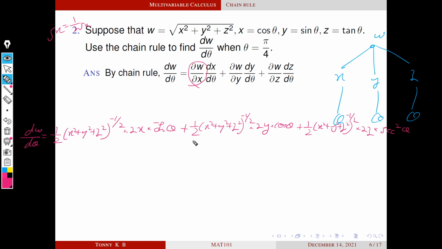Similarly, this term is dou w by dou y into dy by d theta, that is cos theta, and this term is dou w by dou z into dz by d theta. Okay, then the question is we have to find dw by d theta at theta equal to pi by 4.